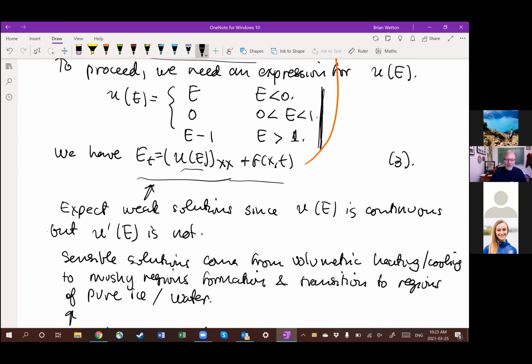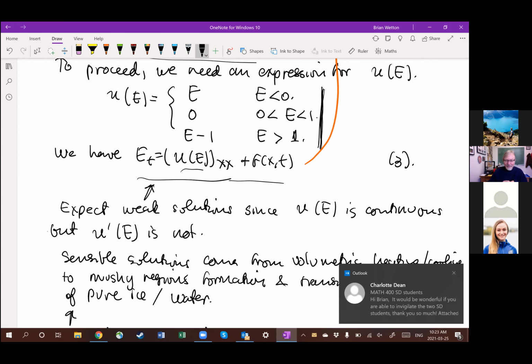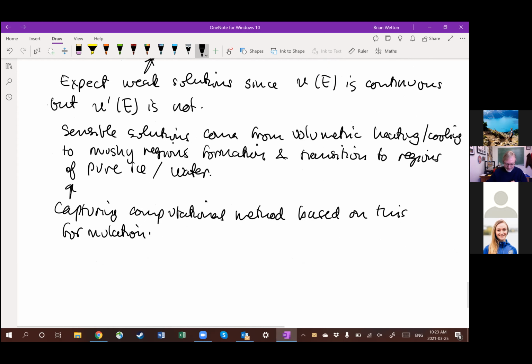And that will tell you the regions of the pure things, and where you have this transition is where you will get the boundaries between the different regions.